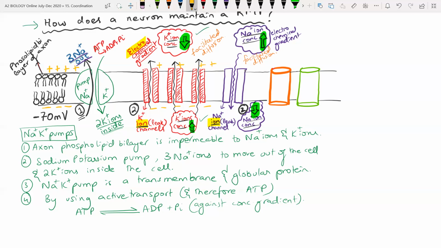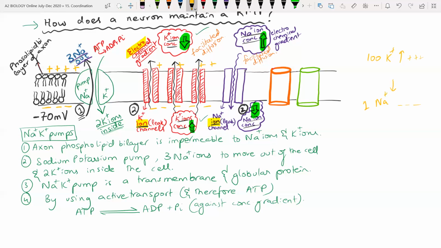So a lot of potassium ions are moving on the outside, a lot of positives are moving on the outside, and only one positive sodium is coming on the inside. So imagine 100 potassiums moving on the outside and one sodium ion moving on the inside. What do you think that will result in? Won't that result in overall positive charge on the outside and overall negative on the inside?